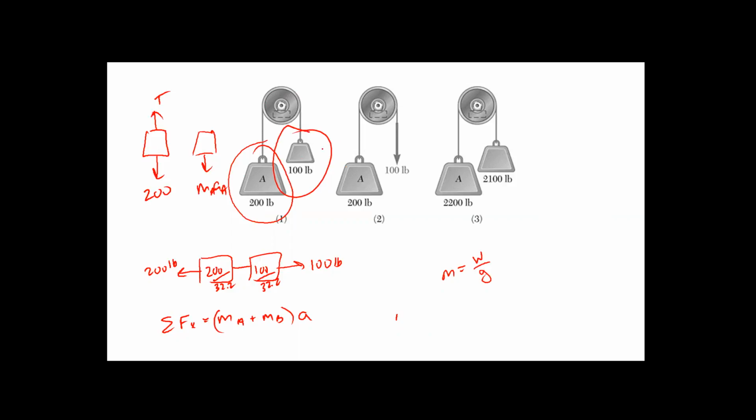And then for the second one, I'm going to draw it way over here. Basically, I would have a 100 going down, the T going up, and then for this, we decided that one would go up. So this is the MBAB. So you could really work it both ways and then see if you get the same accelerations.